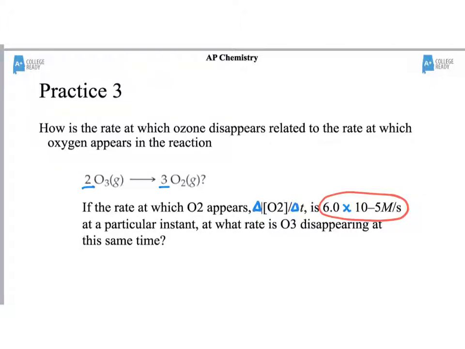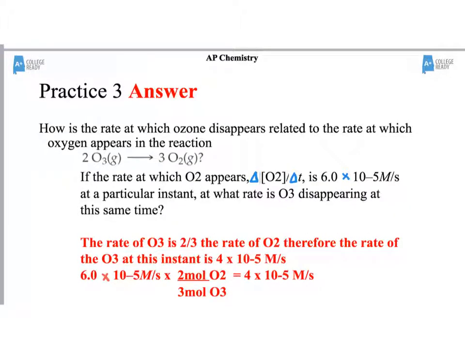So what is ozone going to be? Here it is. There's what oxygen is. Ozone is 2/3 what oxygen is. So ozone is 4 times 10 to the negative 3.